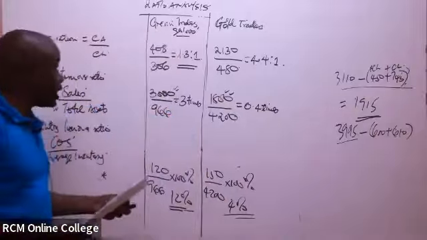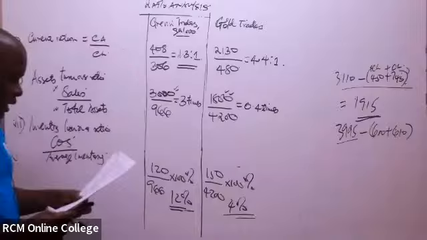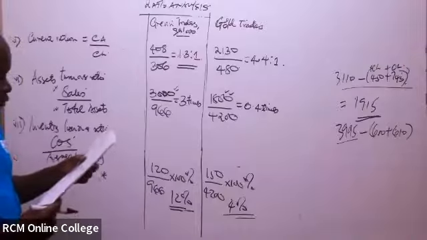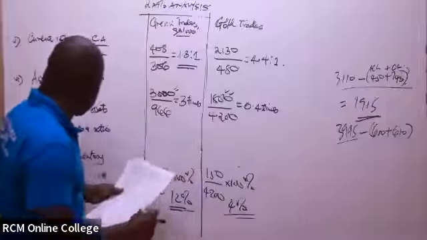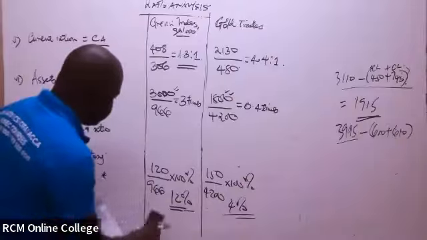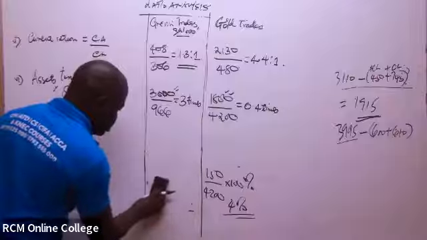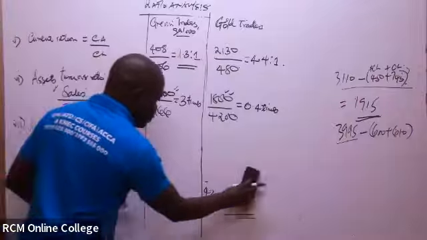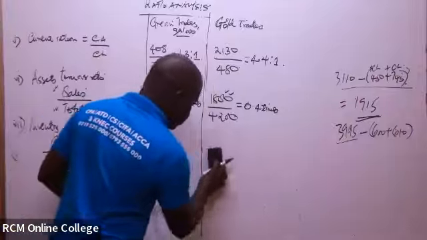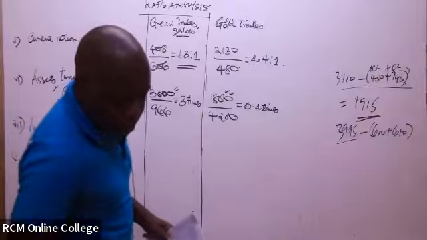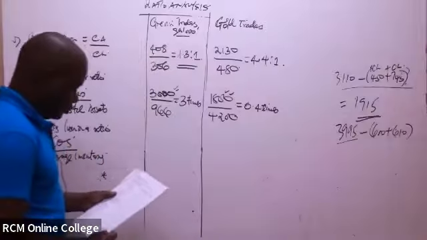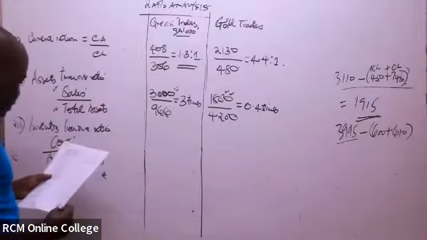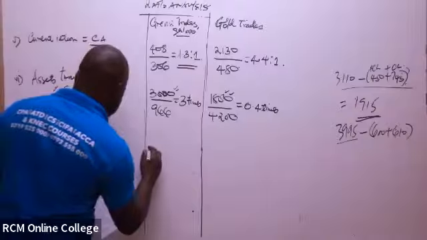So we look at green traders, the cost of sales. If you look at the income statement, the cost of sales is 2,400.